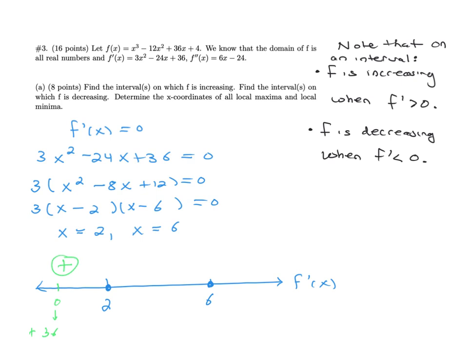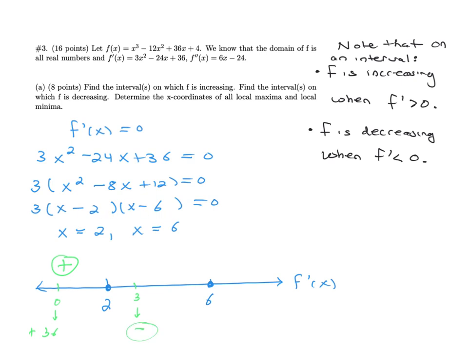So I know it's positive over here. A number that you could check in the derivative between 2 and 6 might be something like 3. If you put 3 into this function, this is positive and this is negative, the whole result is going to be a negative number.